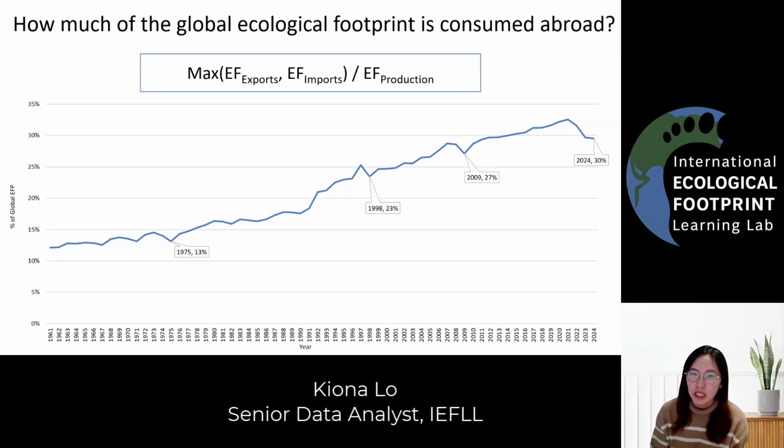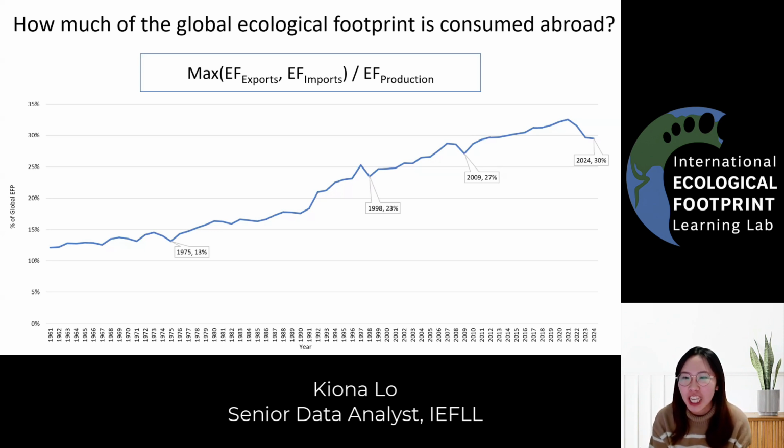To do this, we took the world's ecological footprint of exports or imports for each year, whichever one is larger to represent trade, and divided by the world's total ecological footprint of production. From this, we get the percentage of production that is consumed through trade. Just a side note here: for the world, the footprint of production is equal to the footprint of consumption, because right now we're not trading with any other planet.